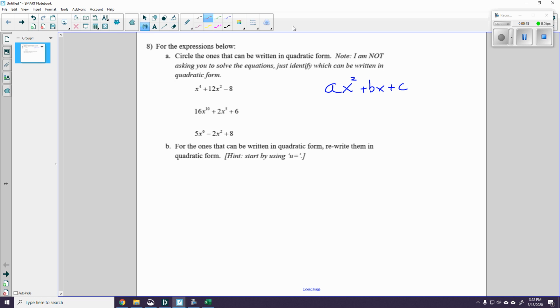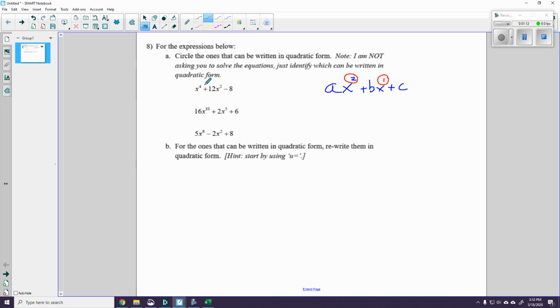But actually, I'm going to put that 1 back here for right now, because I want you to see that what makes this quadratic is that the highest power here is 2 times the middle power. So let's take a look at these expressions over here and see which of them might be quadratic.